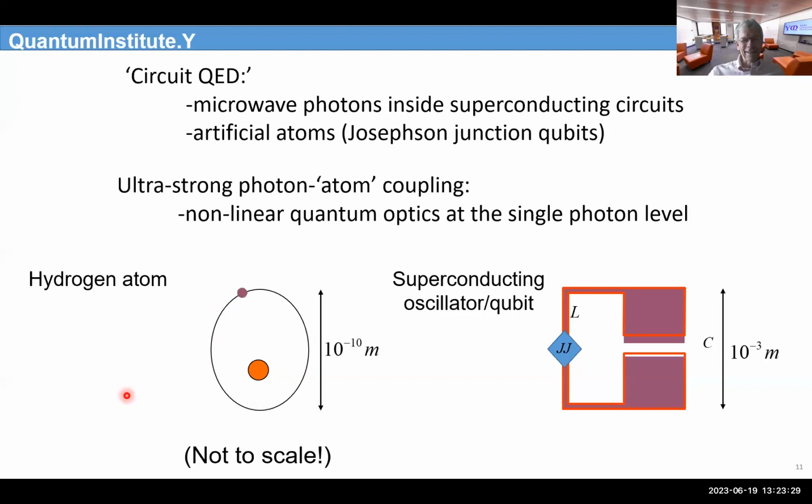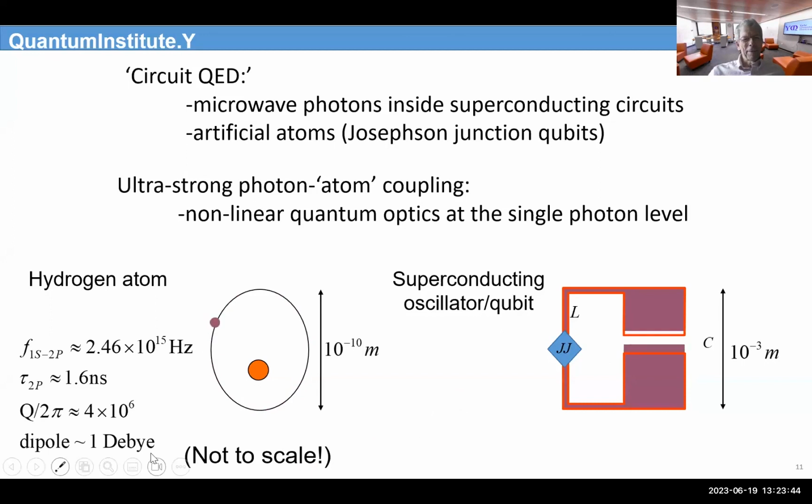Here's a semi-classical picture of a hydrogen atom, an angstrom across. And here is our superconducting circuit, which is like two capacitor plates connected by a Josephson junction, a millimeter in size. The transition frequency from the ground state, 1s, to the first excited state, 2p, is 2.5 petahertz. The lifetime of that excited state before it spontaneously emits a photon and falls back down is about 1.6 nanoseconds.